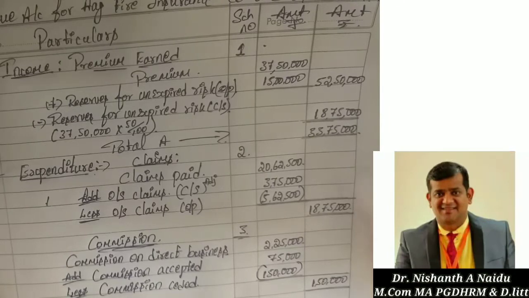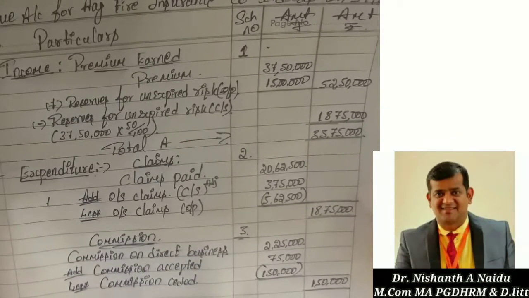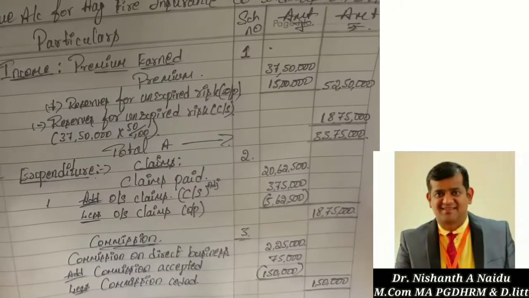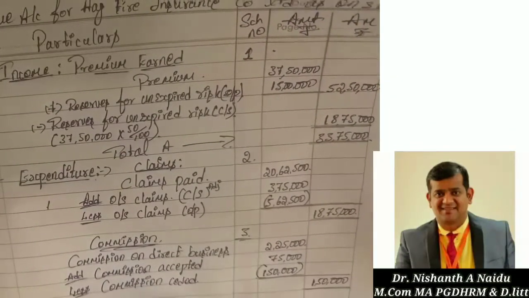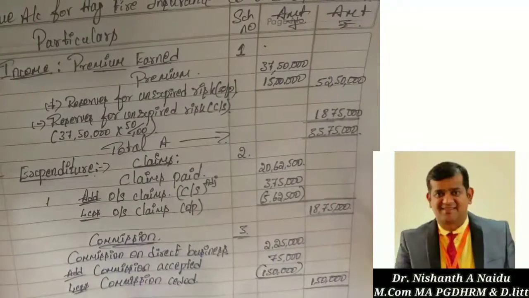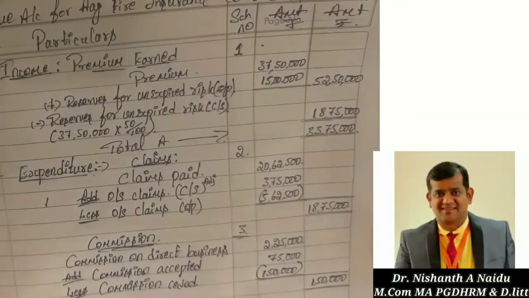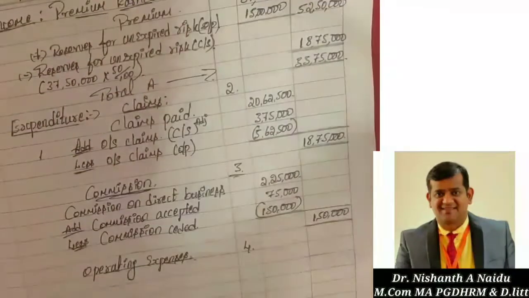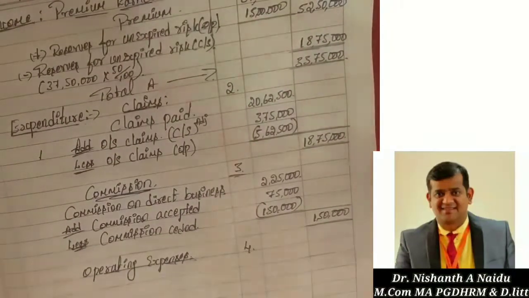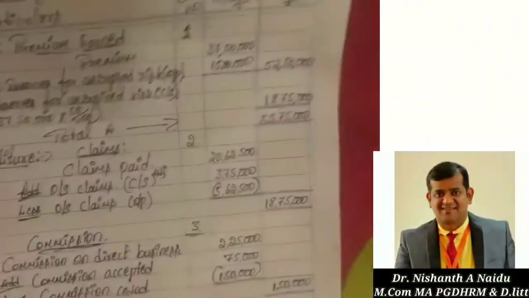Next, operating expenses. Usually operating expenses means schedule number 4, which we used to get, that is management expenses, that kind. So now check out, is there any management expenses given in the problem?